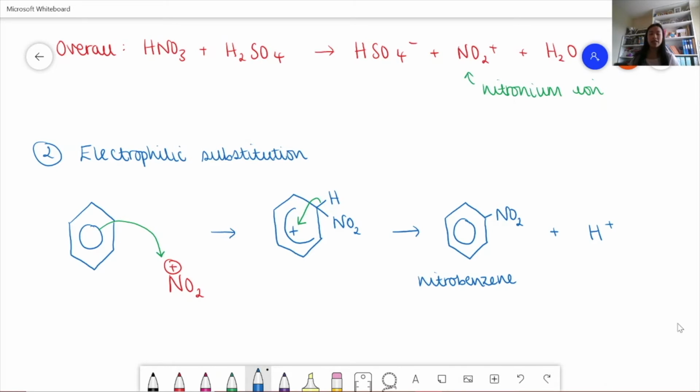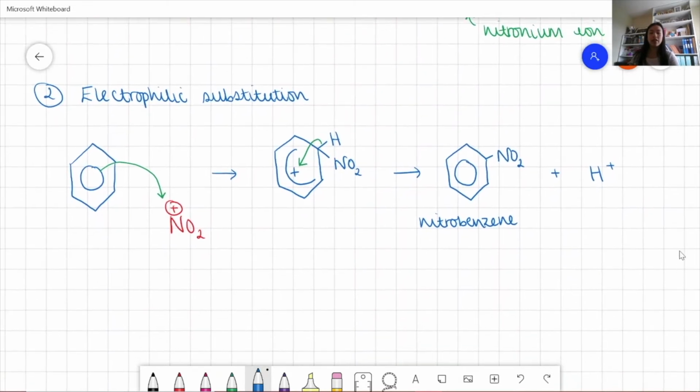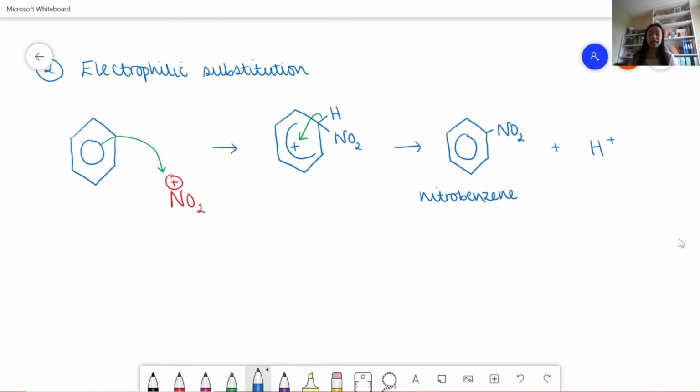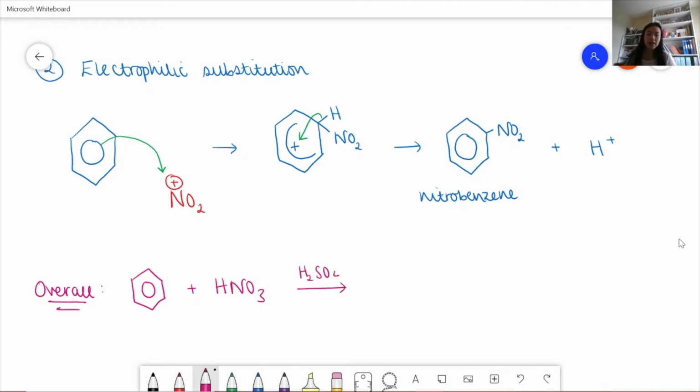So overall, as a balanced equation, including the production of the electrophile and this substitution, we have benzene added with some nitric acid, and we're going to use a concentrated sulfuric acid catalyst, and the nitric acid is also concentrated, and we also use a temperature of 55 degrees Celsius to prevent further substitution.